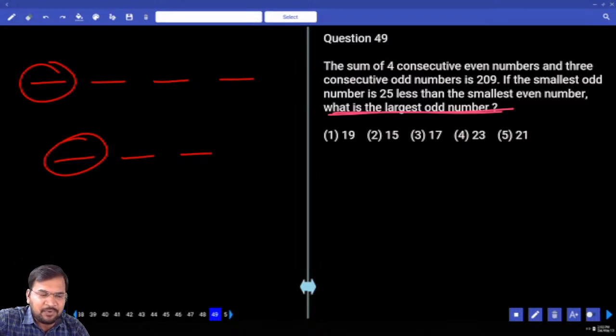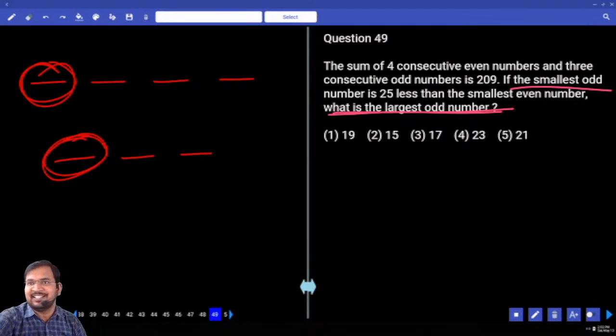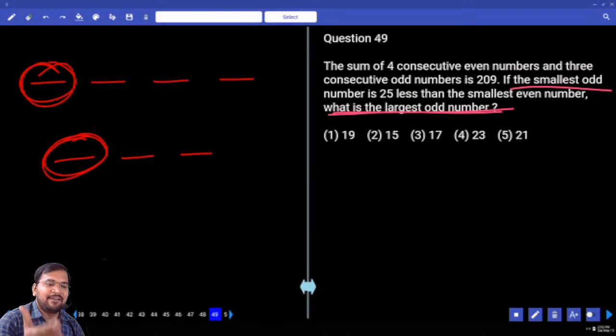If you observe carefully here, the smallest odd number is 25 less than the smallest even number, and the total sum is 209 only. Therefore the smallest odd number is a very small number. See the options, the smallest is 15. Now I will try with 15.